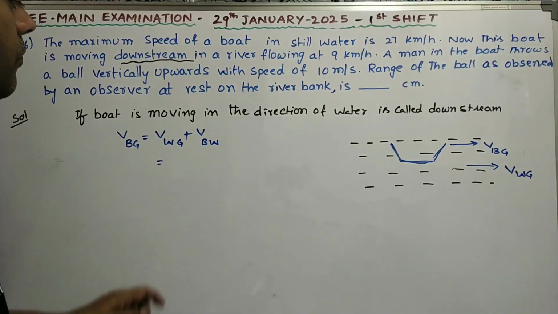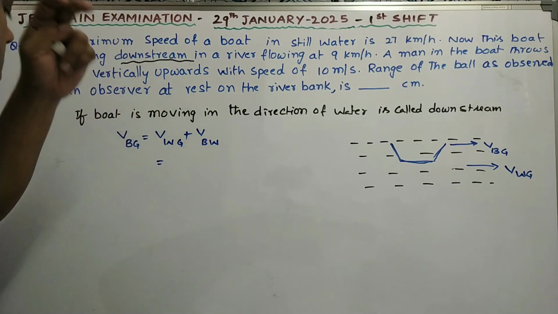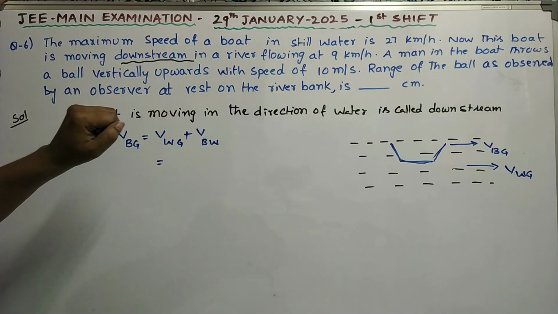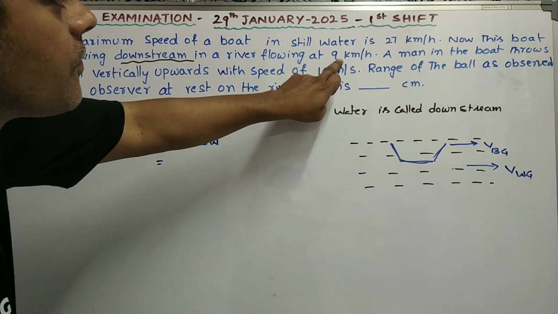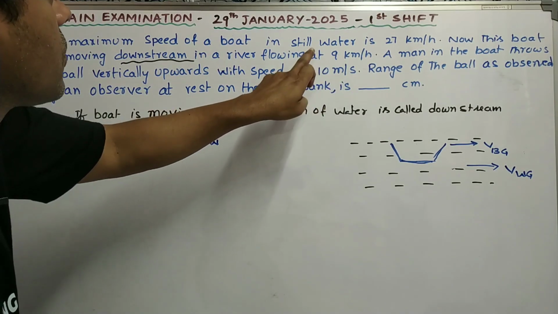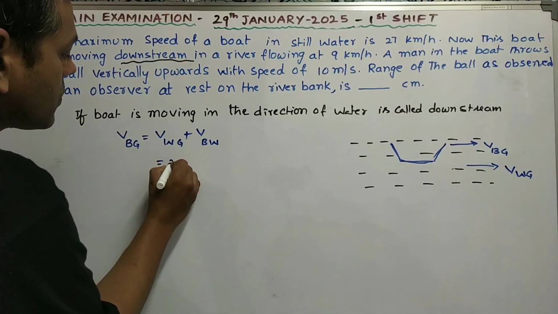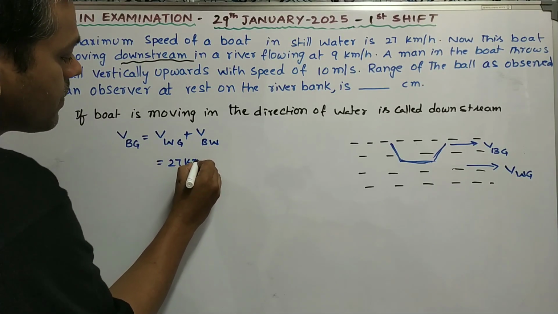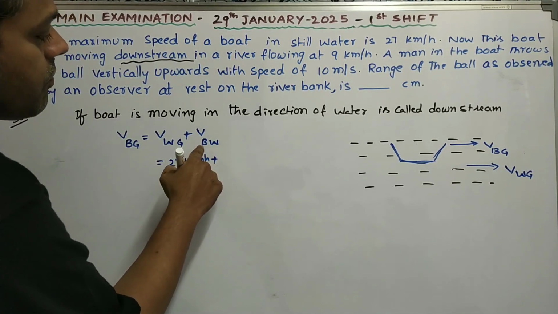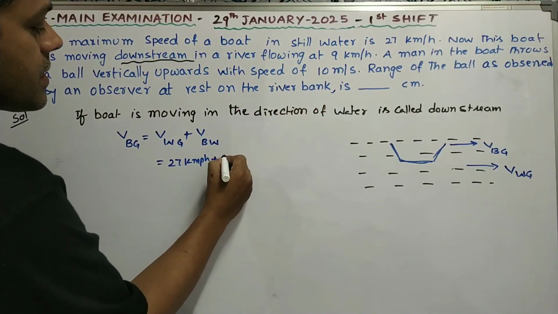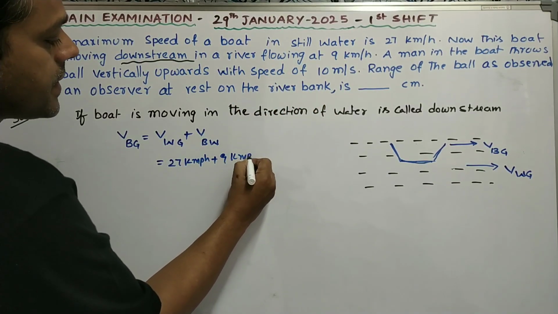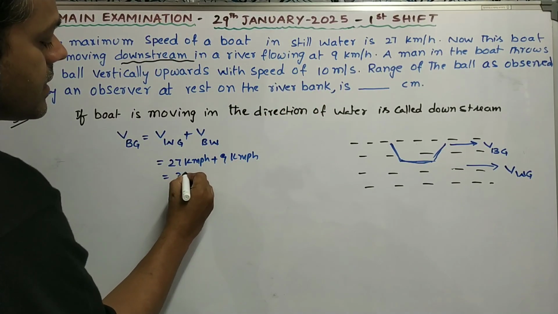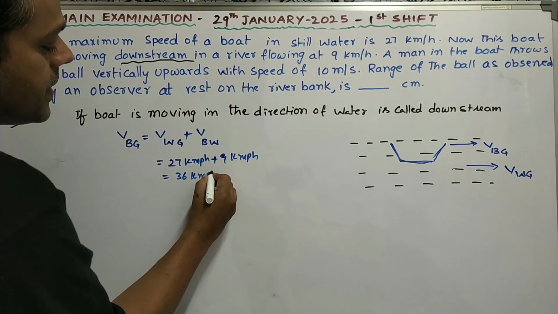Velocity of water with respect to ground is also given. What is it? 27 kmph, plus velocity of boat with respect to water, 9 kmph. That is 36 kmph.